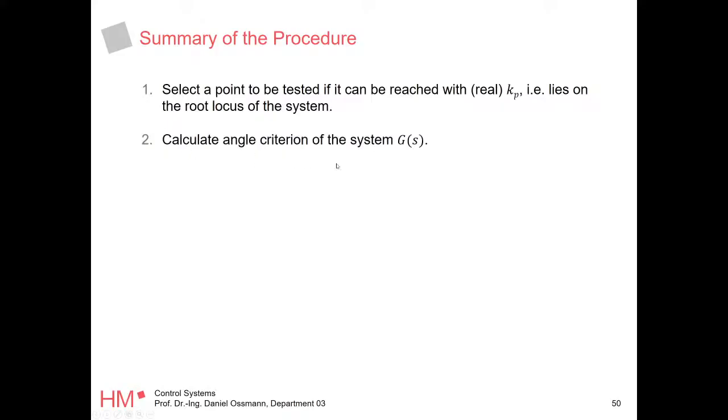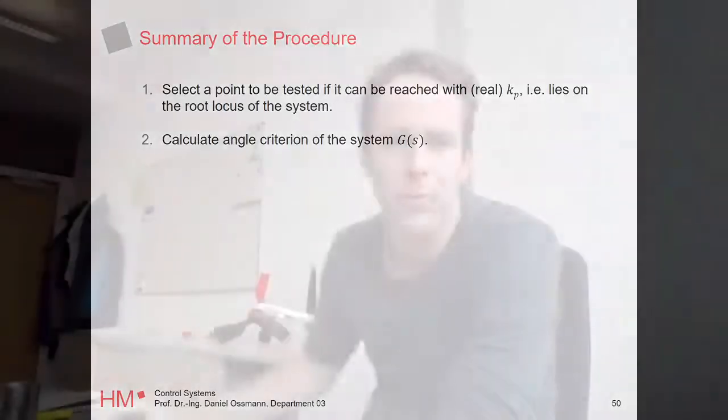We calculate the angle criterion, right? So we calculate to that point all the angles of our system. And here, remember, we made our lives a lot easier because now we only have to take the system and measure the angles to that point. We never ever calculate this KP and look if it's real or complex, right? This comes after. This angle criterion is purely looking at the angles of the system to that point.